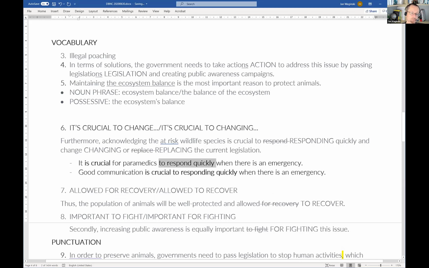What's the difference between it's crucial to respond quickly or it's crucial to responding quickly? Let me just improve this one. I'm going to change this to for paramedics.